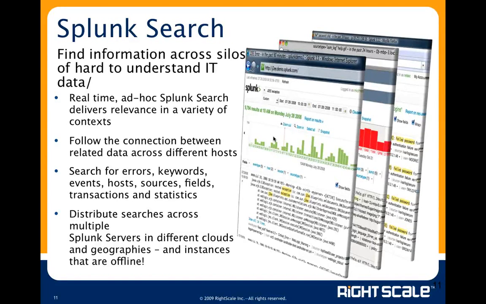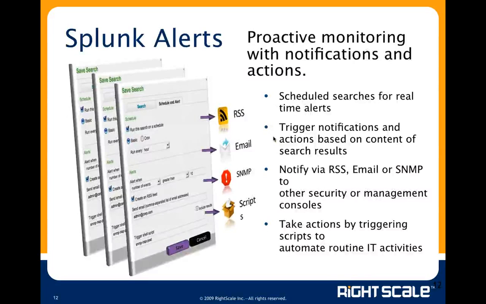I can have information flowing across clouds, and I can aggregate it all in one place. Maybe I was using autoscaling, and we scaled up to a couple hundred servers yesterday, and then we scaled back down. How do we see what was happening on those nodes after they're offline? There are a lot of things you can do just with search once we have the data.